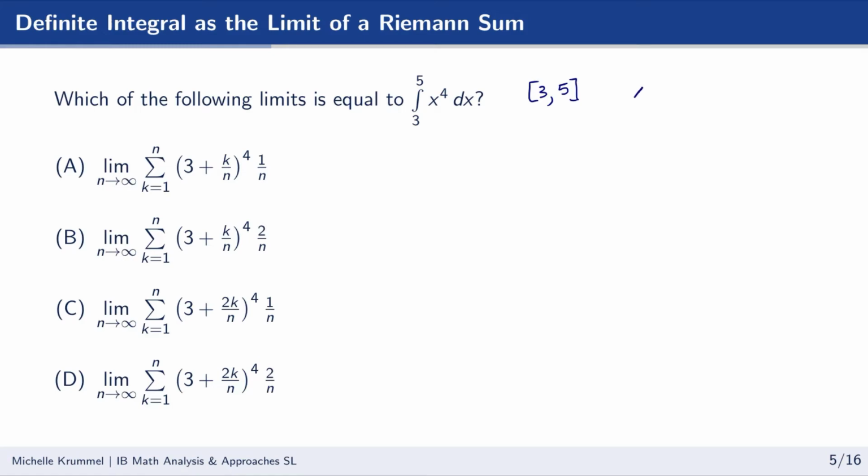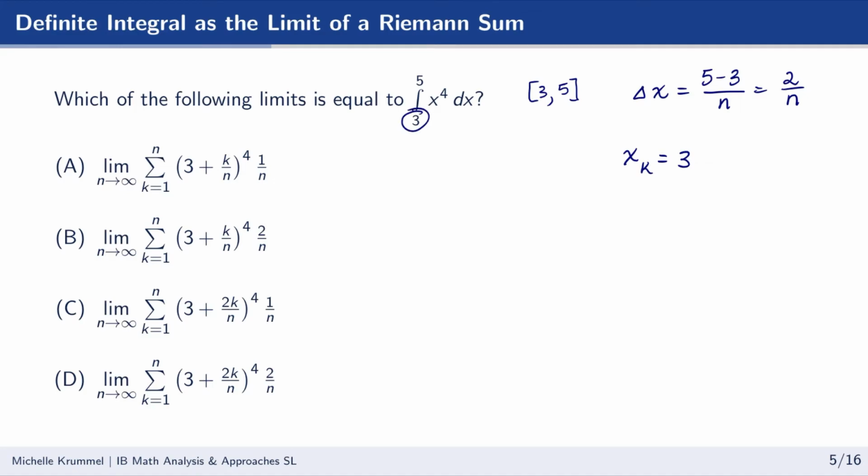Okay, so delta x equals 2. I'll go ahead and write 5 minus 3 to be clear. It's 5 minus 3 over n. So it's 2 over n. That's the delta x. And that means that my x sub k equals my starting point, which is 3.